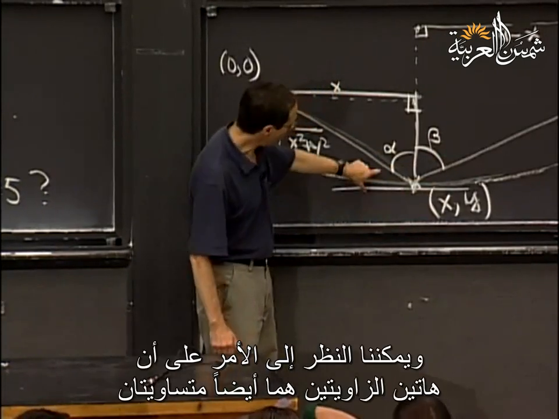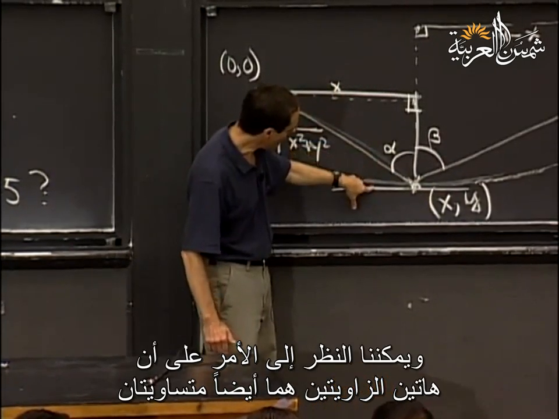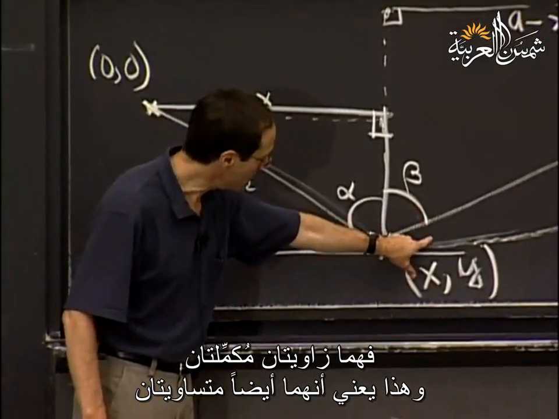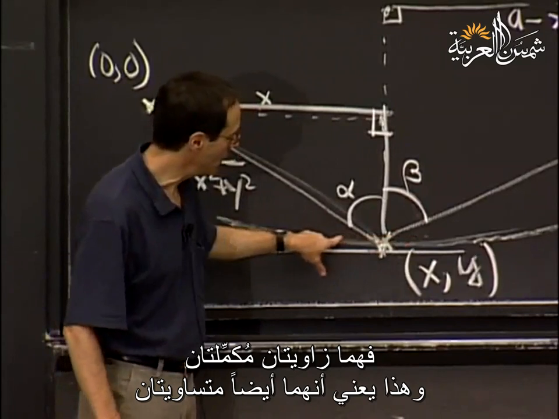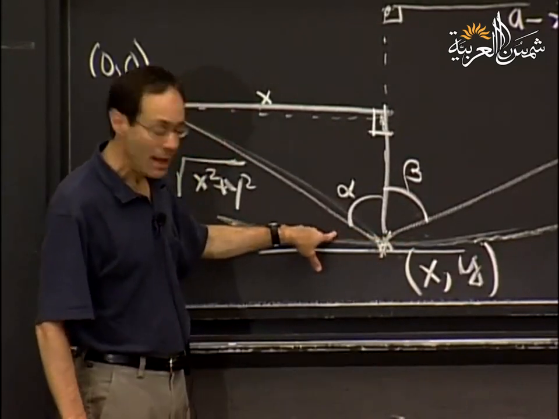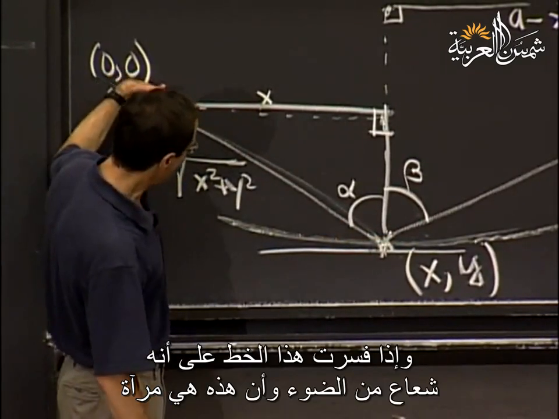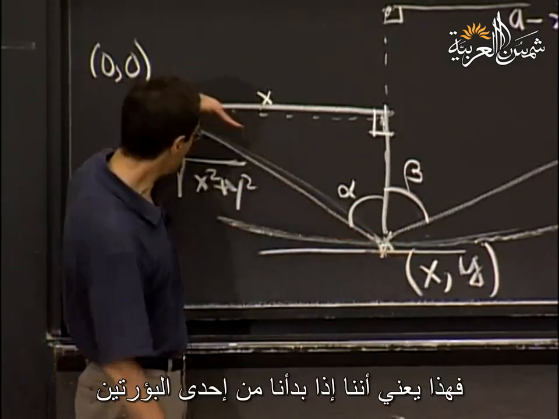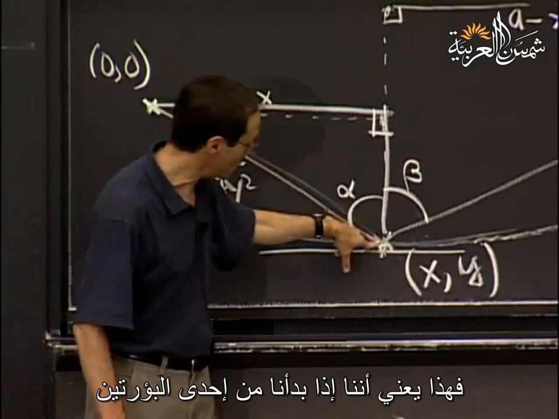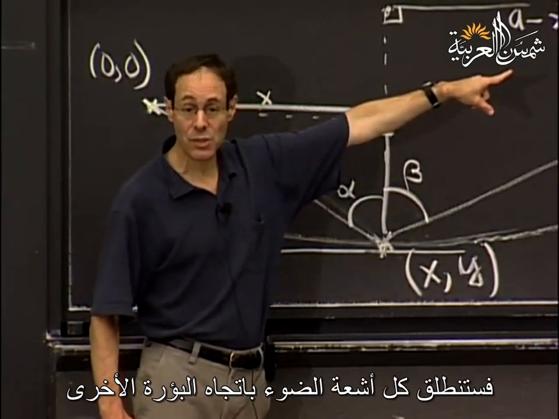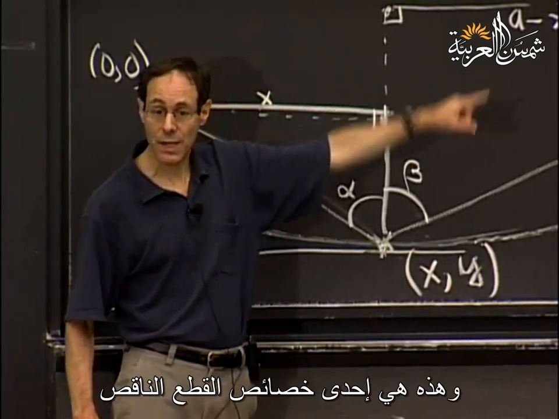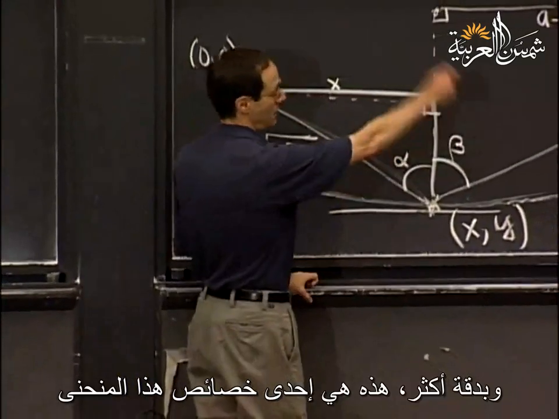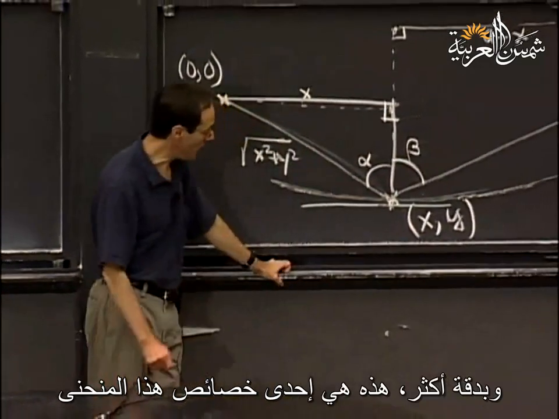So you can also read that as being that the angle over here and the angle over here are equal. That is beta, that is the complementary angles, are also equal. And if you interpret this as a ray of light, and this is a mirror, then this would be saying that if you start at one focus, every ray of light will bounce and go to the other focus. So that's a property that an ellipse has. More precisely, a property that this kind of curve has.